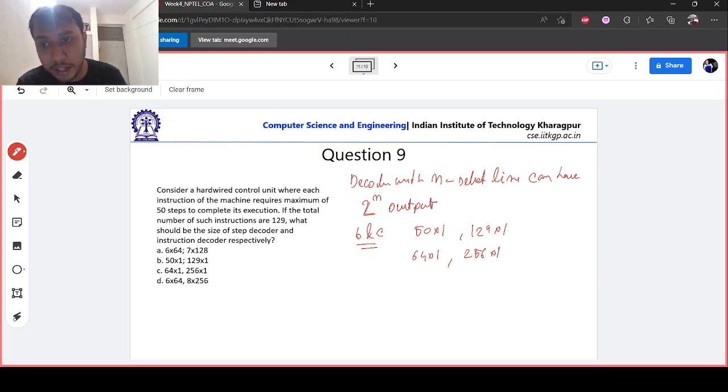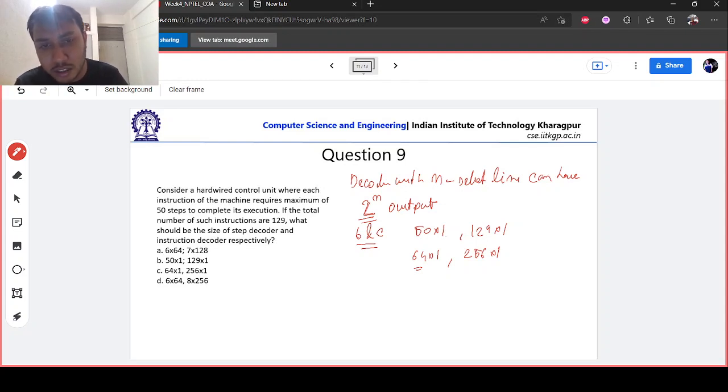Are those required? It will always have 2 to the power of n number of outputs. Obviously that is not correct. 2 to the power of n is not 50 and is not 129.